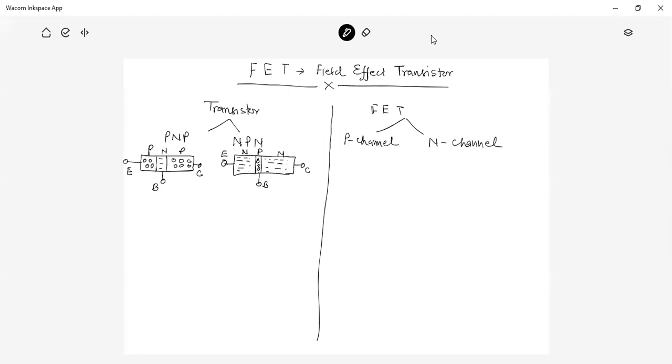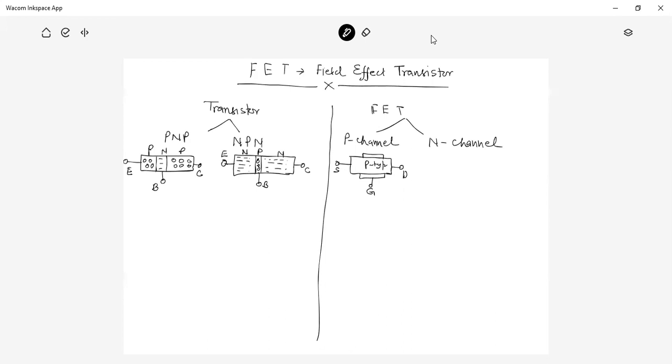P channel is, the block is P type, and this P type is engraved with the N type. So this one is source, this one is drain, and this point is known as gate.